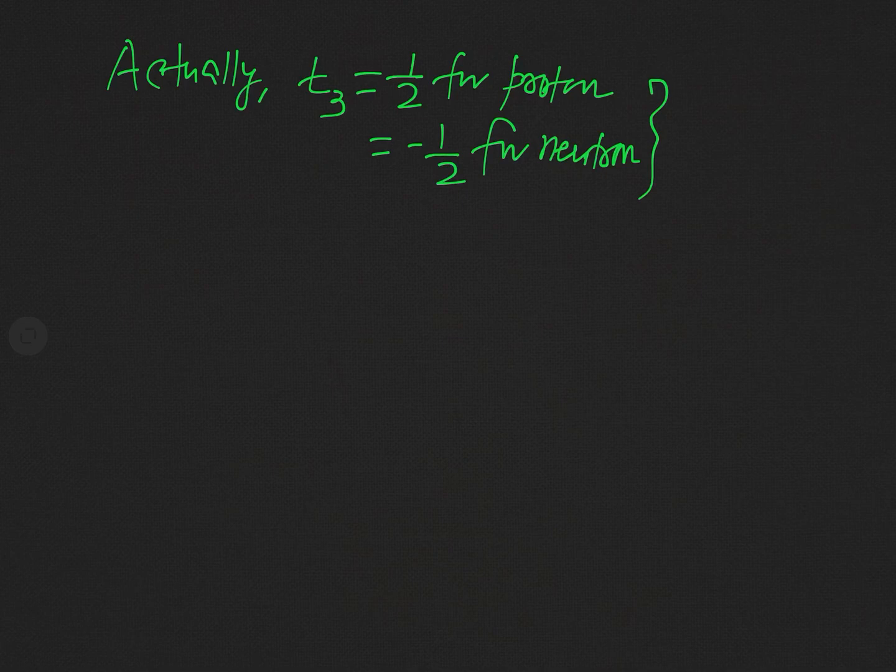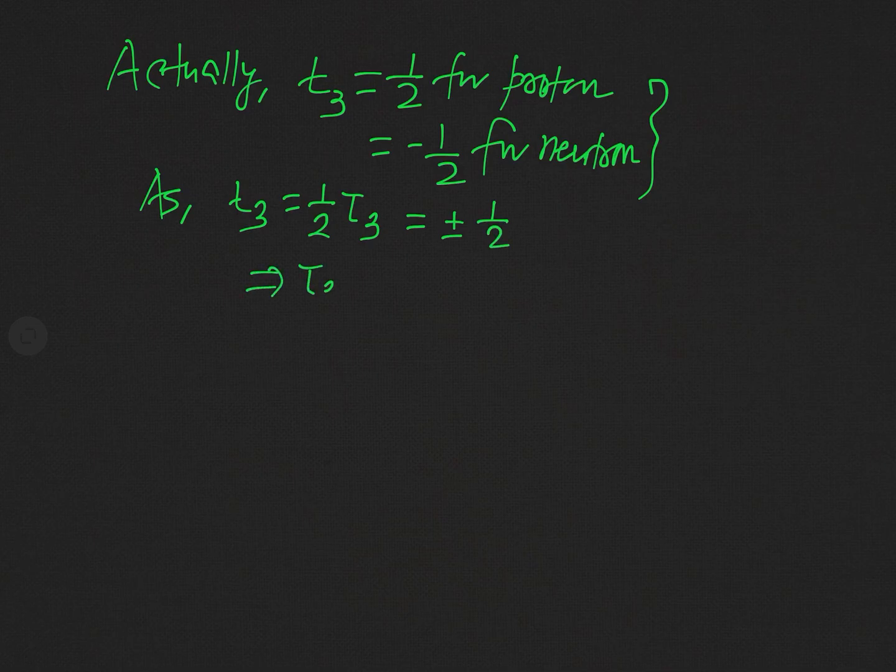And from this value you can see here that as T3 is equal to 1 over 2 tau 3, and this is equal to plus minus half, so what will be this tau 3?